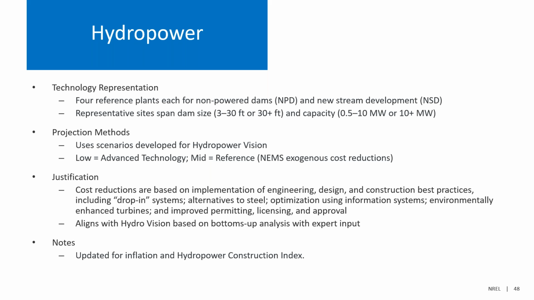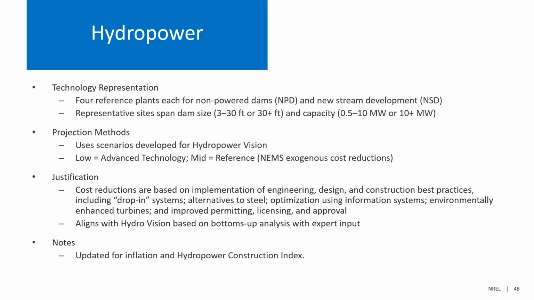The justification, especially for the low technology cost case, includes implementing a series of innovations in engineering, design, and construction, including what's referred to here as drop-in systems, which can be better termed now as standardized modular systems.